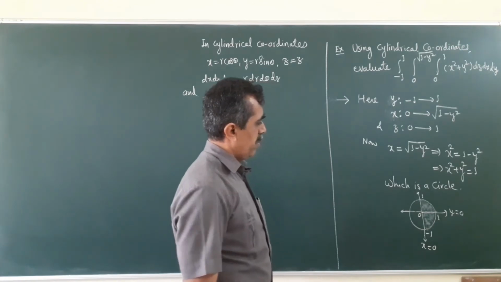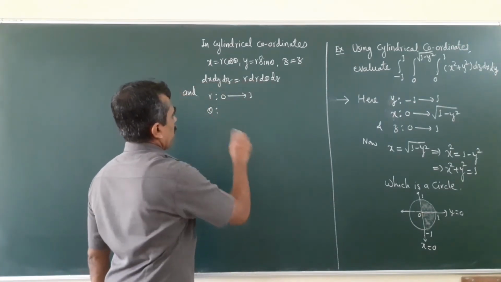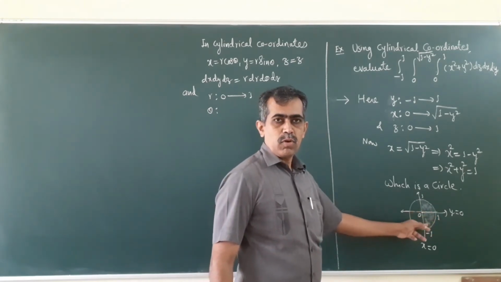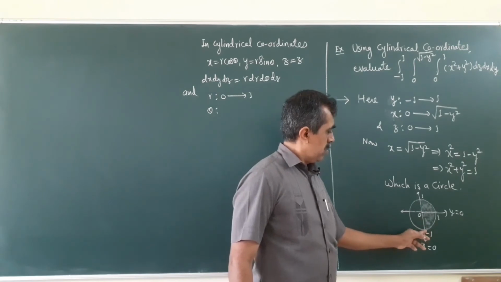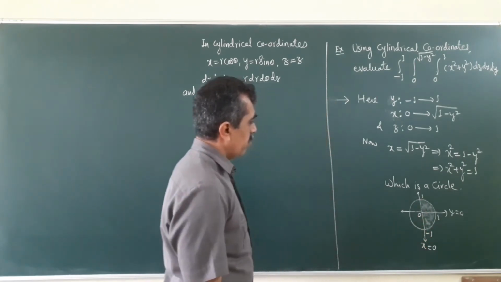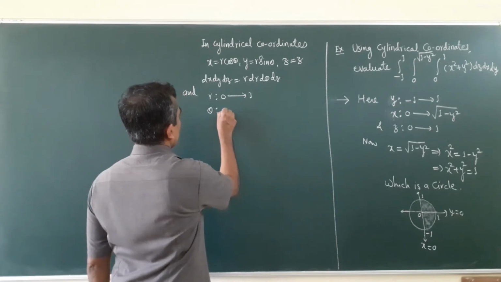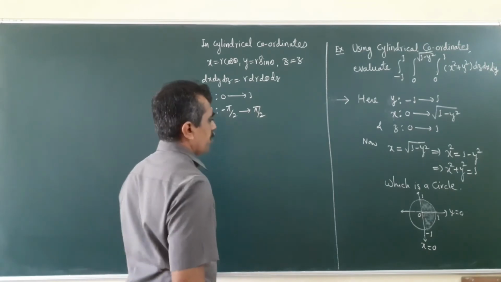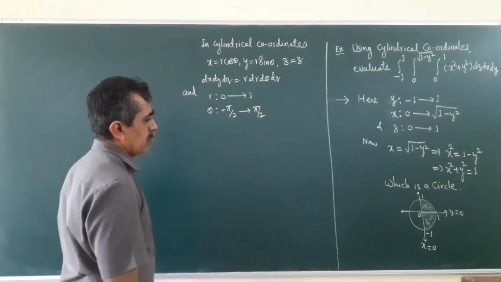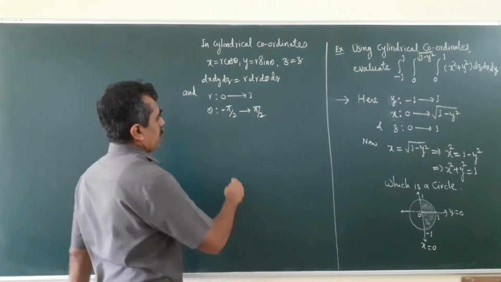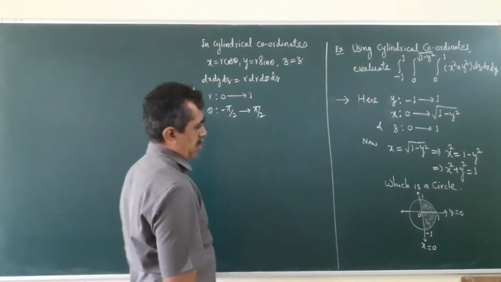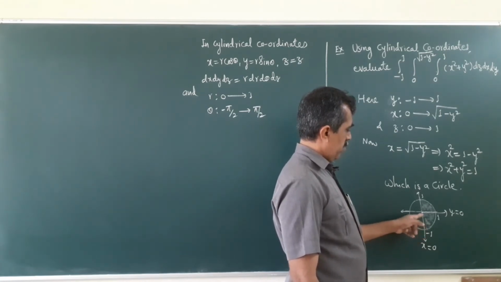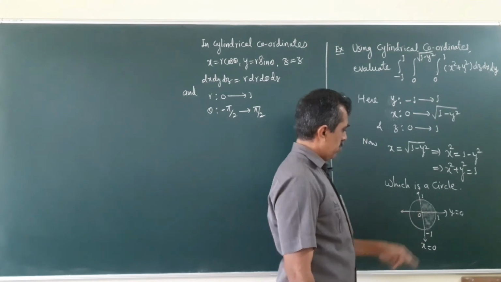So limits of theta will be found from this base, so from this part to this part, so that will be minus pi by 2 to pi by 2. Right. So that will be minus pi by 2 to pi by 2.